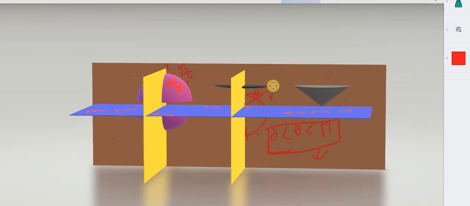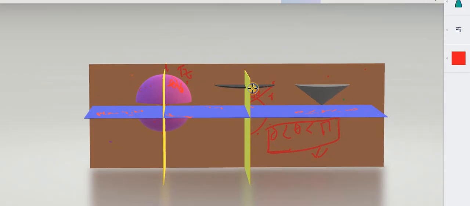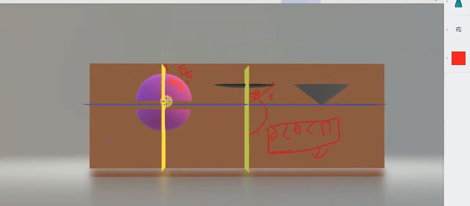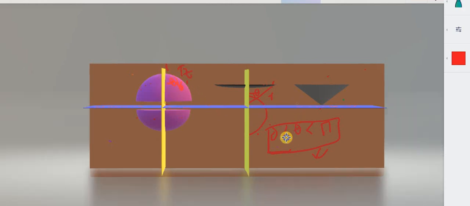So the radial distance could be to any point on the surface, and r defines the radial distance from that point to the origin. Theta is the angle between r and the z axis in the clockwise direction.